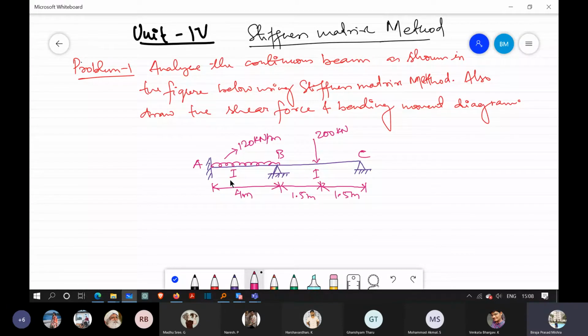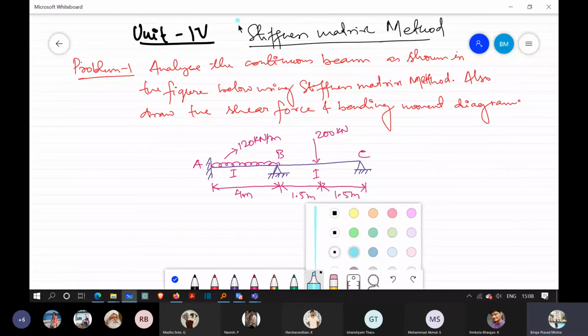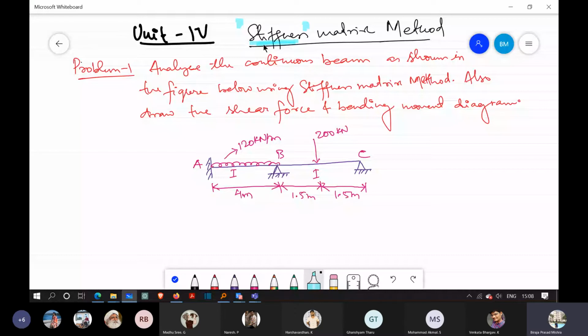Now remember one thing, guys: whenever you are asked a problem based on the stiffness matrix method, in the first step you have to determine the degree of kinematic indeterminacy. Do you remember the formula for the degree of kinematic indeterminacy?